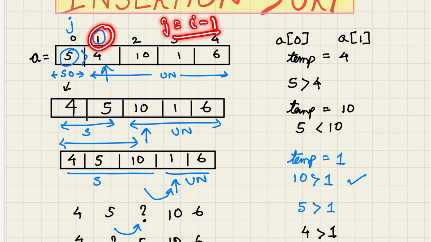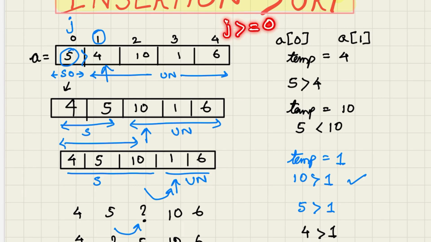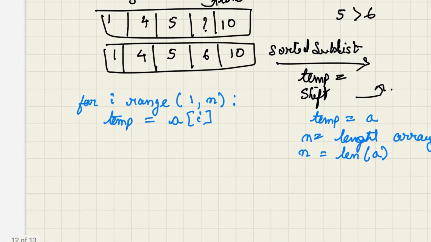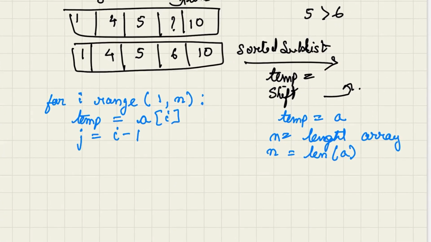So I will continue the loop till j is greater than or equal to 0 and my A of j, that is this particular element, is greater than temp. Till that only I will check, and then shift it to the right. So how will I write that? j is i minus 1.